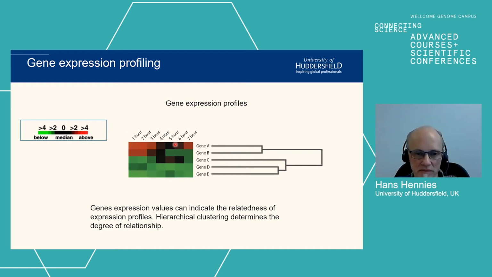So for the red color, it means that we have an increase, a fold increase in the expression of this gene. And these expression values can also indicate the relatedness of different expression profiles. So we would find relatedness of different genes. This can be shown in this hierarchical clustering for the analysis.